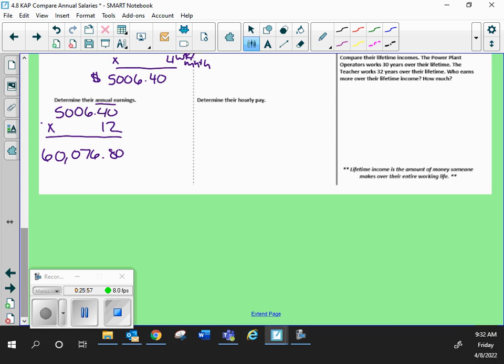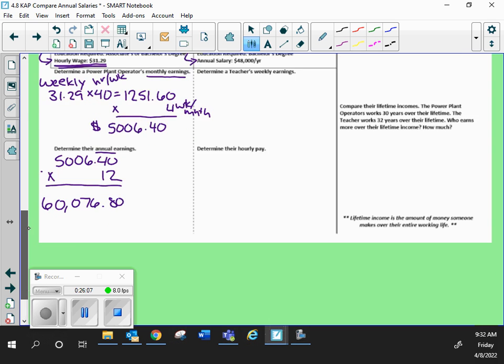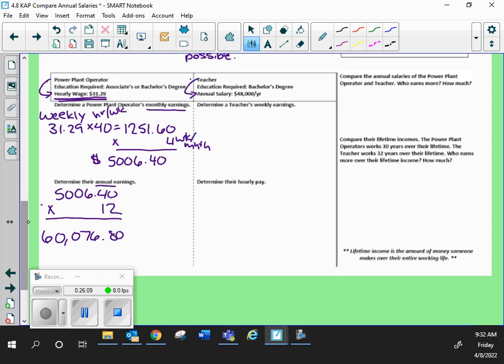Now I will let y'all know about the key. This is where you can get into annual salaries and stuff like that. What they actually did, because technically it's a shorter way, is they said, this was 1 week's earnings, correct? They took that 1 week, $1,251.60, and multiplied it by 52, because that's a shorter path.